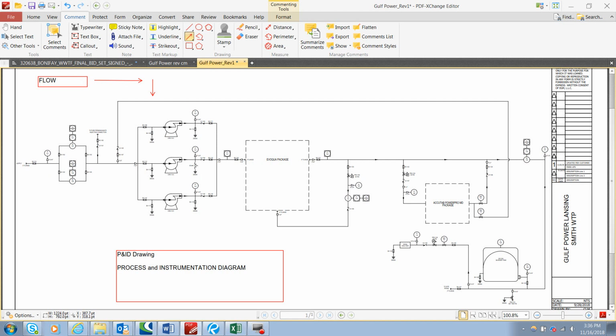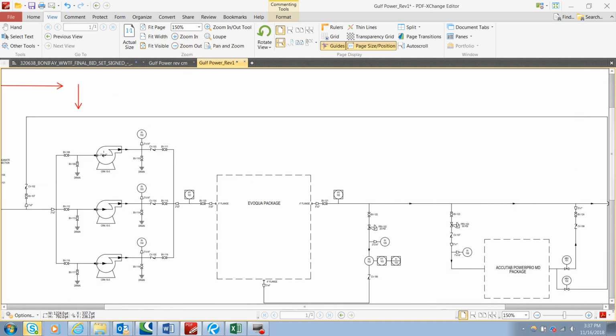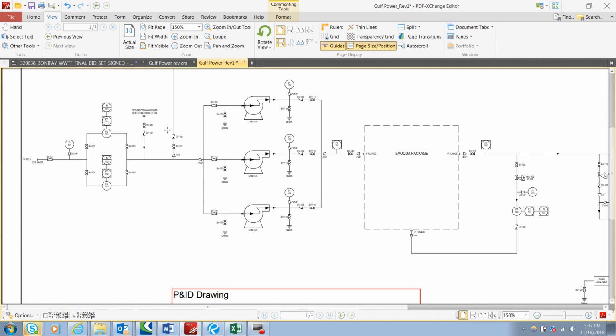We saw this last video, and I'm going to zoom in a little bit. We have a symbol for a valve here. Here is another one, and here's another one. We talked about anytime you see the double triangles pointed together, that's a valve.